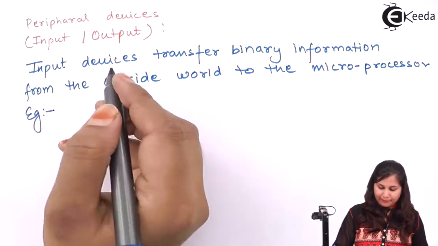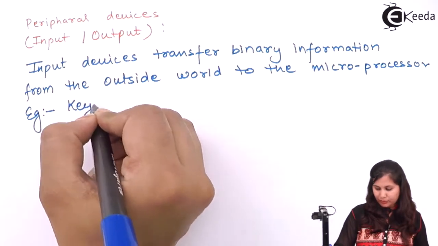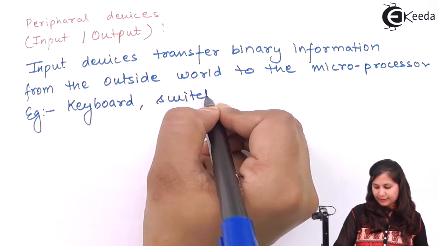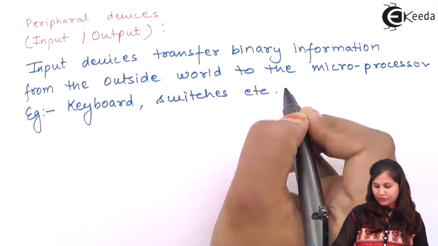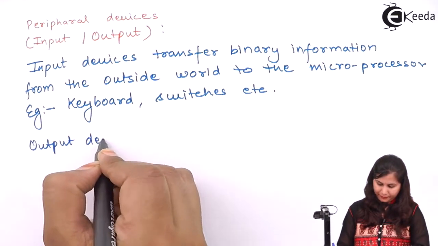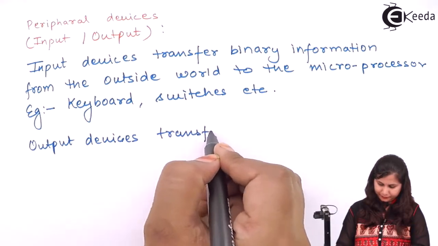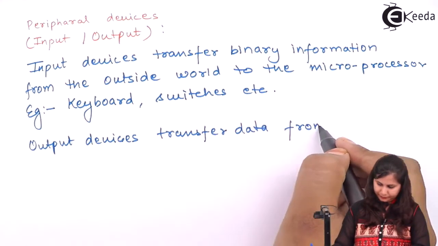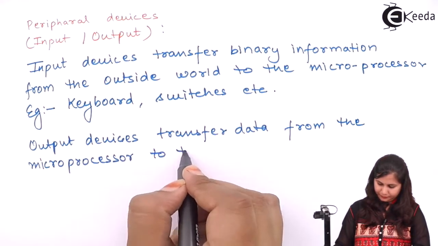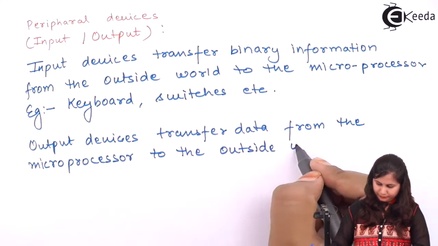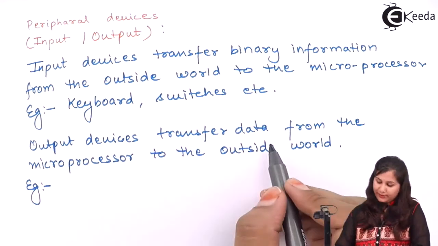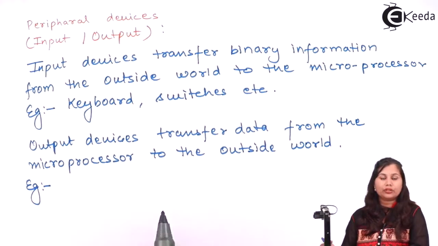Now various examples of input devices are keyboard, switches, etc. Now output devices are transferring the data from the microprocessor to the outside world.